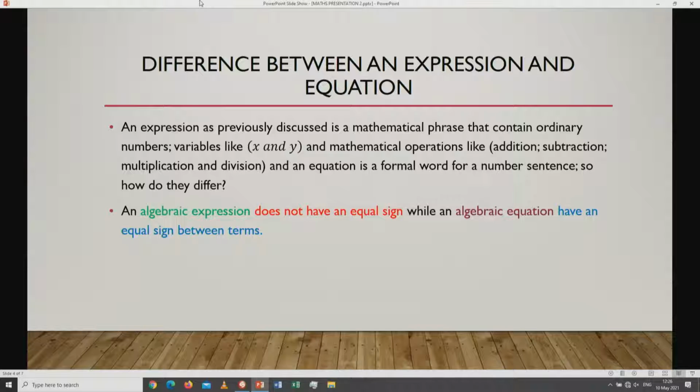But an algebraic equation has an equal sign between the terms. A typical example would be 2x plus 3x equals 4, or 2x plus 3x equals 2x plus 6. Can you see that? There is always going to be an equal sign between the terms.